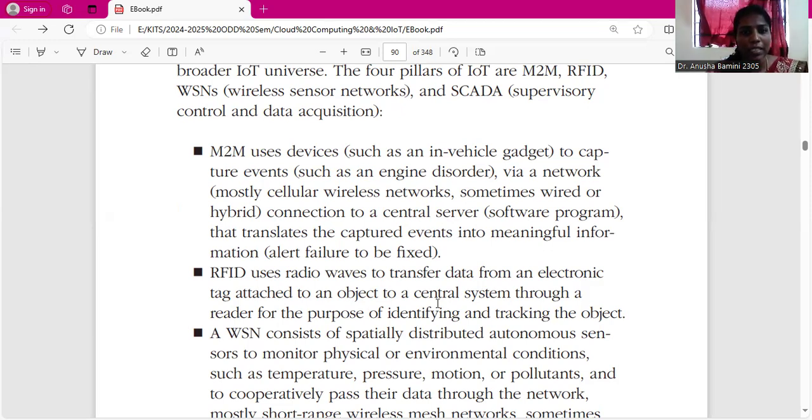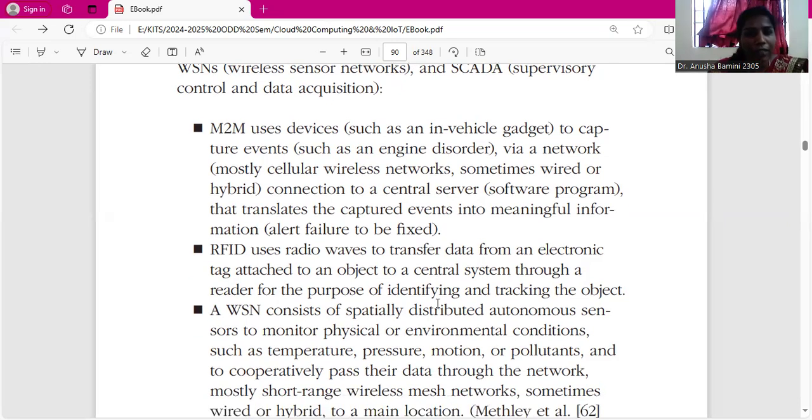And the third one is WSN, wireless sensor network. To connect all these IoT devices, we must need a network. From the devices or objects, we get the information through autonomous sensors, which are used to monitor physical as well as environmental conditions.